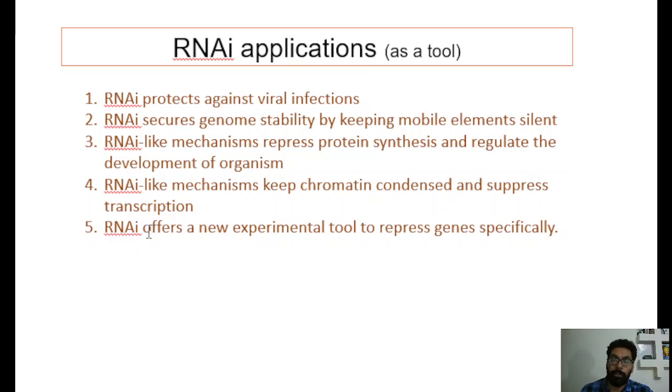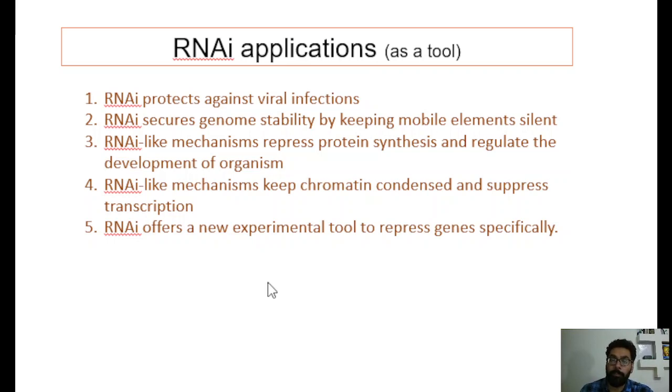And for gene characterization, we can use RNAi as a tool. Gene characterization means that if we have to know the function of any gene, we can overexpress that gene. Like for chalcone synthase, as we already discussed, if we overexpress the gene, there will be more production of the same protein. That is the hypothesis.